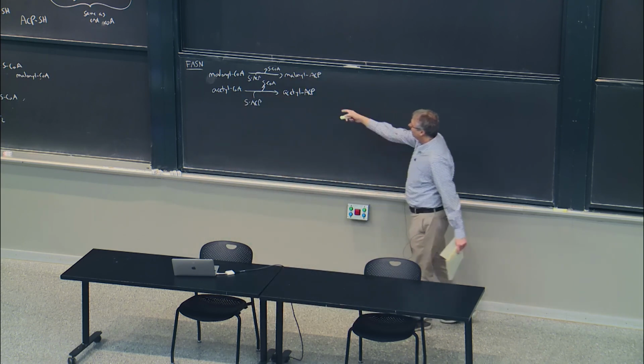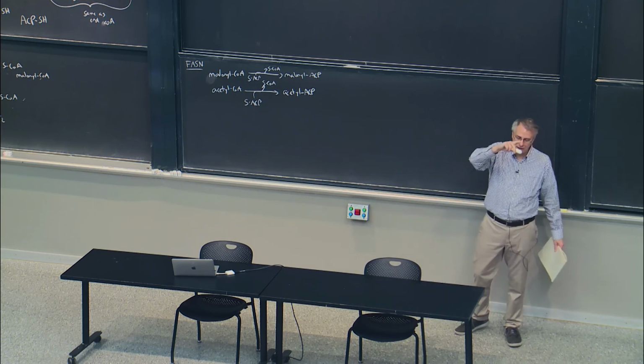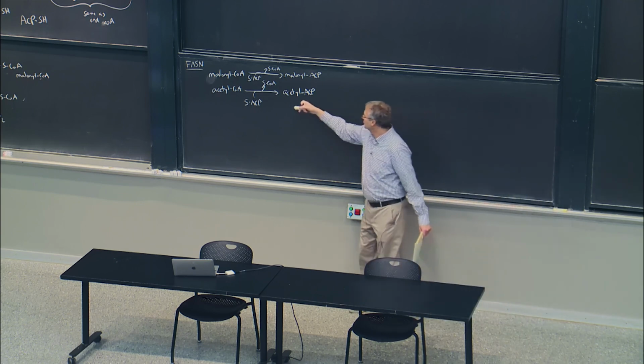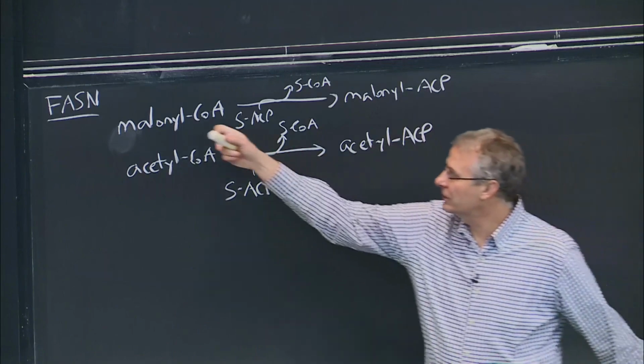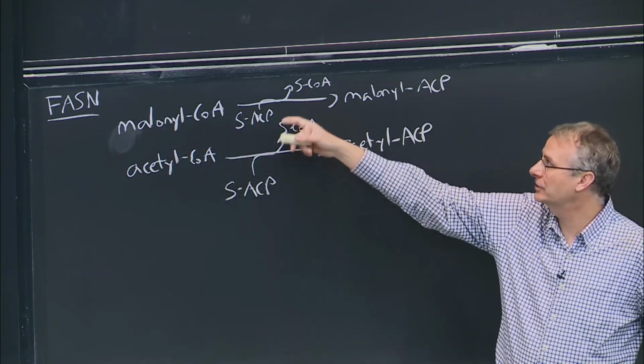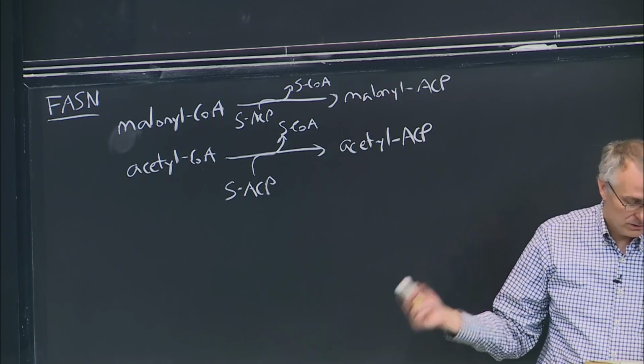To get this started, on one site, acetyl-CoA exchanges the thioester bond, releasing the CoA, and now you have an acetyl ACP. And on the other site, a malonyl-CoA exchanges the thioester bond, releasing the CoA, so you have a malonyl ACP.